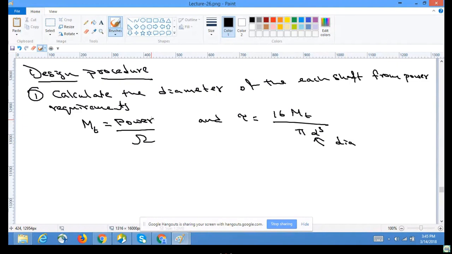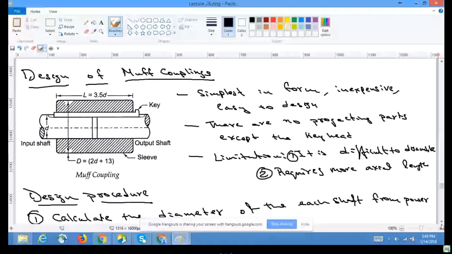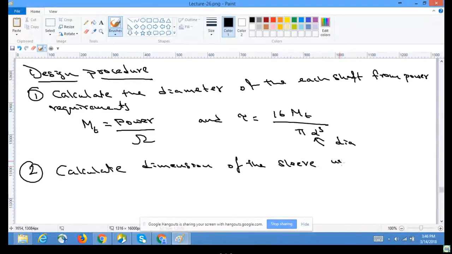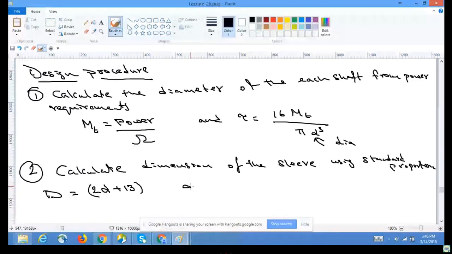For this sleeve we have a standard, so we'll calculate the dimensions of the sleeve by standard proportion: capital D, the diameter of the sleeve, is 2D plus 10 mm, where D is the diameter of the shaft, and the length of the sleeve is given as 3.5 times D.